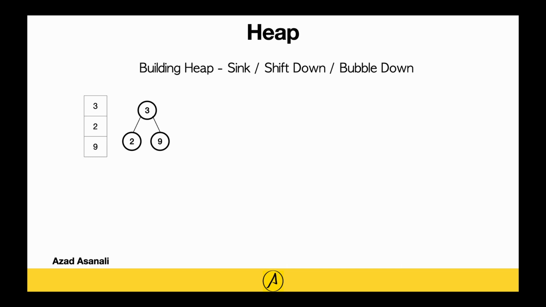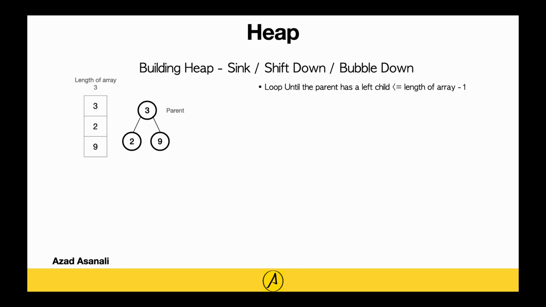In order to maintain the heap invariant property, what we have to do is, we have this array of length 3, and 3 is our parent. From the parent, we will check whether we have a left child whose index is less than or equal to the length of the array minus 1.